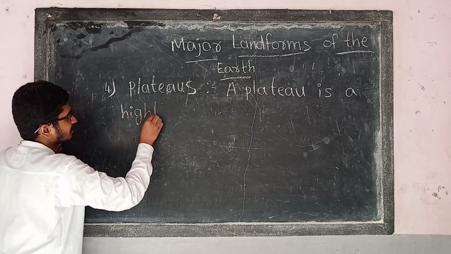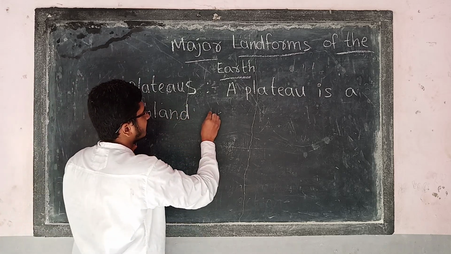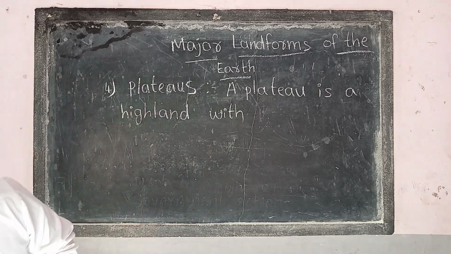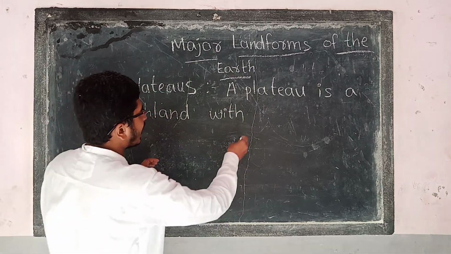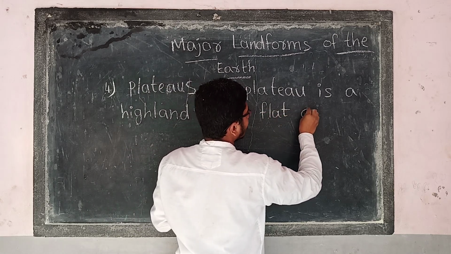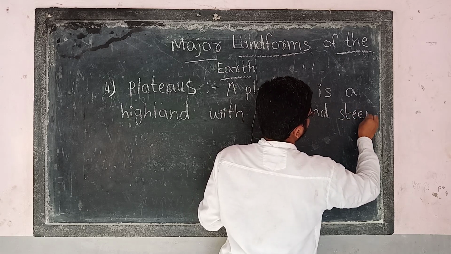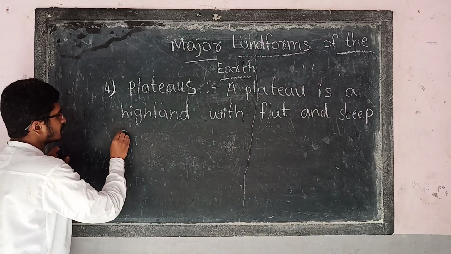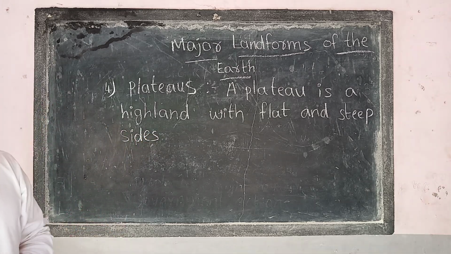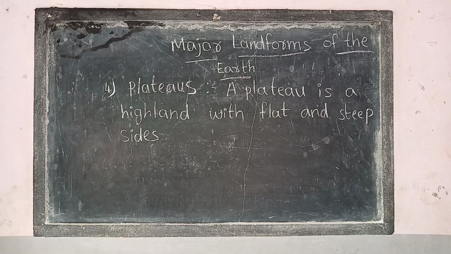After writing, we will revise it again. A plateau is a highland with a flat top and steep sides. As you see in the picture, flat and steep sides. A plateau is a highland with flat and steep sides.